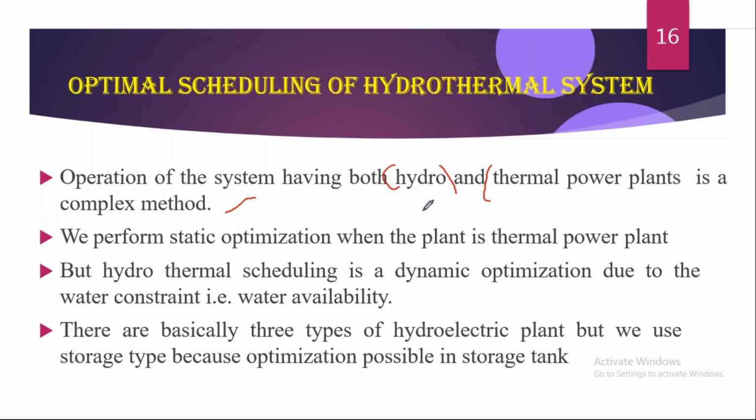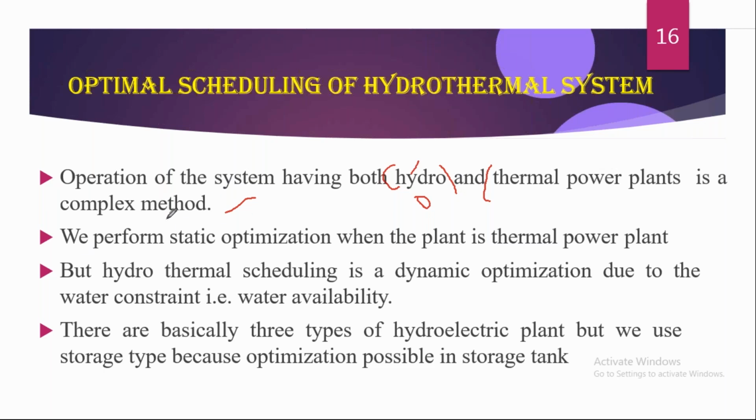Here the fuel cost is zero, there the fuel cost is high. One has less operating cost, the other has more operating cost. While two different power plants are combined together, the operation is a composite method. At what condition which plant should generate power, so the scheduling is very complex.